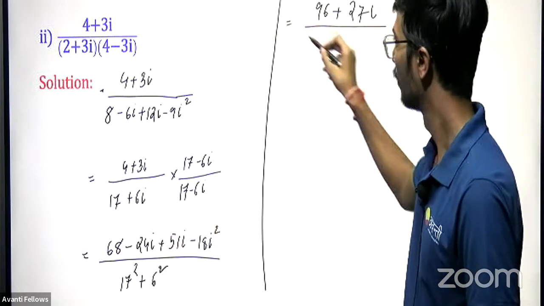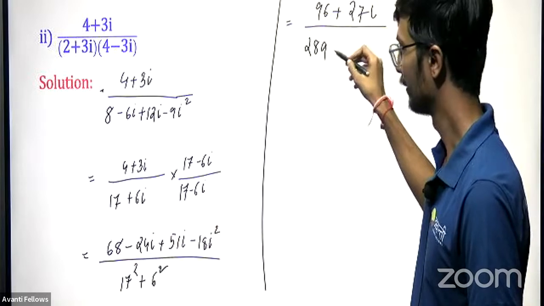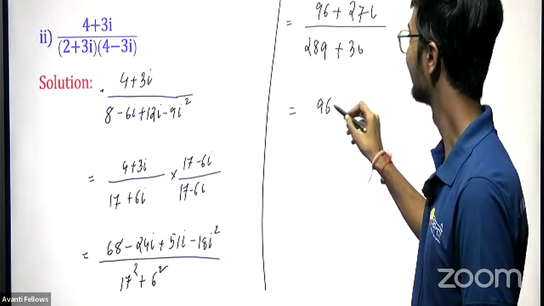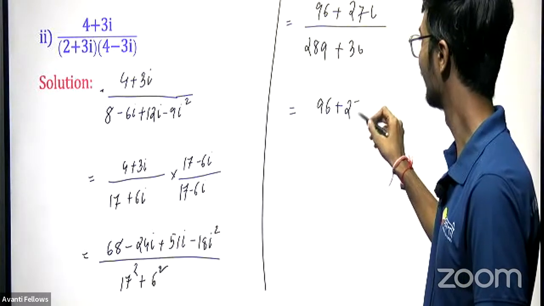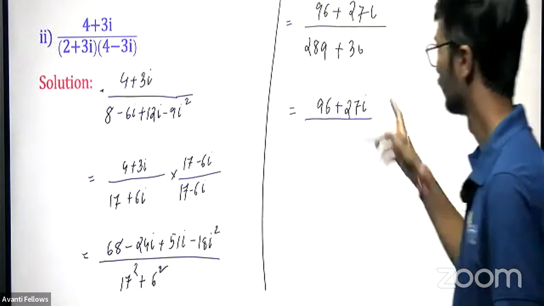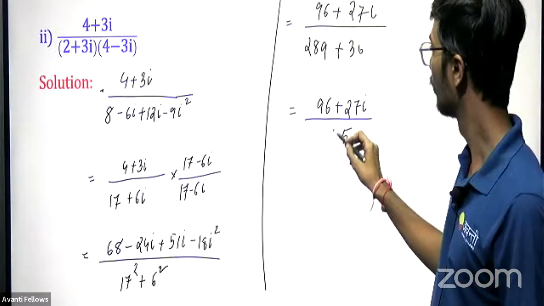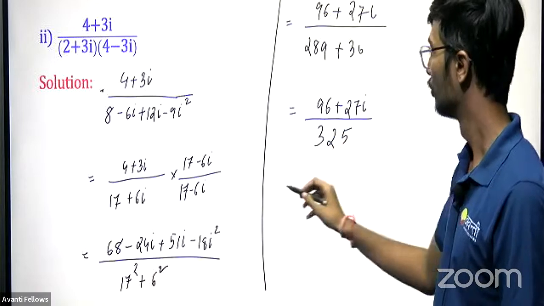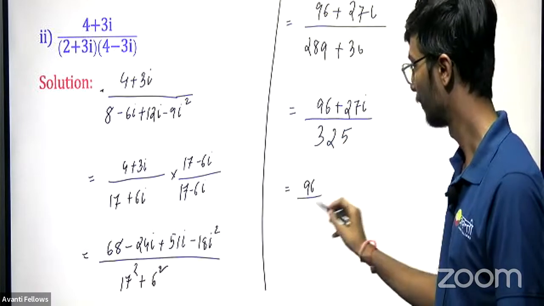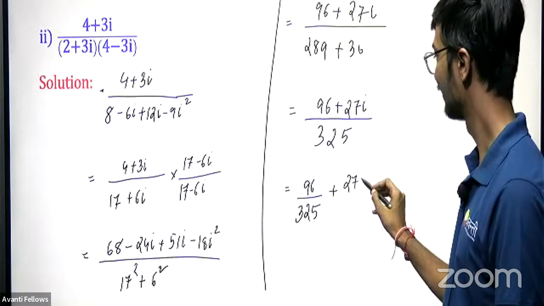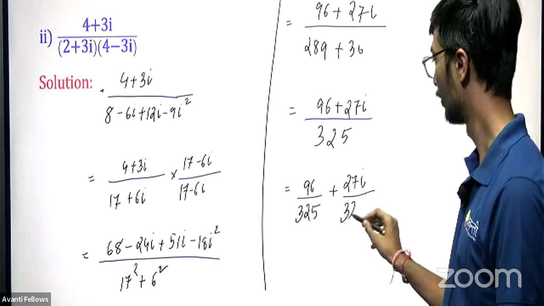It is 289 plus 36, which is 325. So that is 86 upon 325 plus 27i upon 325.